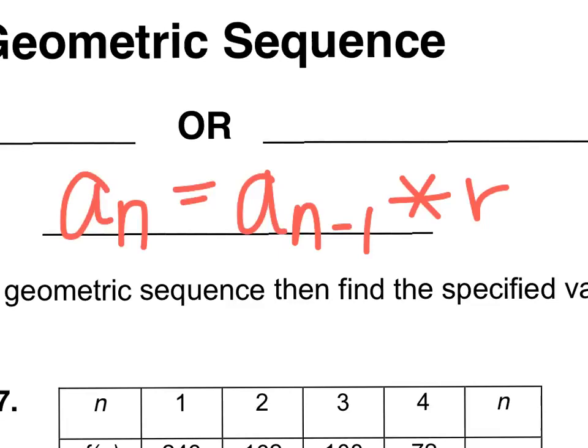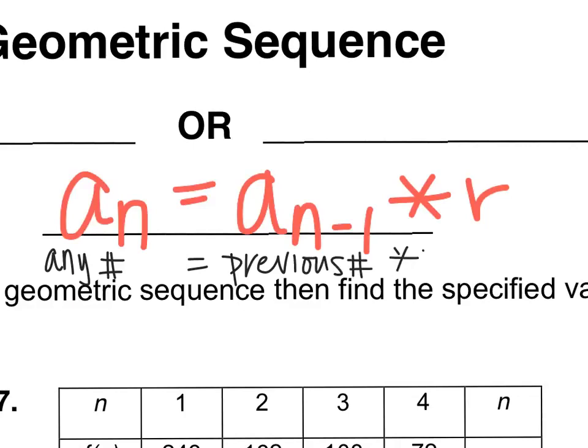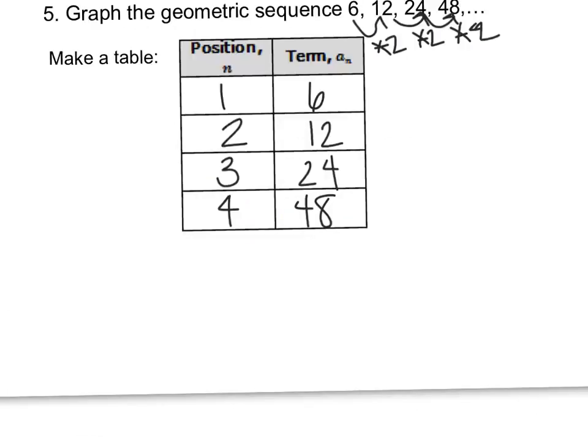There's a lot of letters there. So all this means is that to find any number in the pattern, you need to take the previous number and multiply it by R. When we talk about A sub n minus 1, that just means the number right before the one we want.